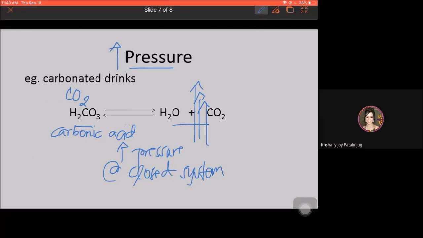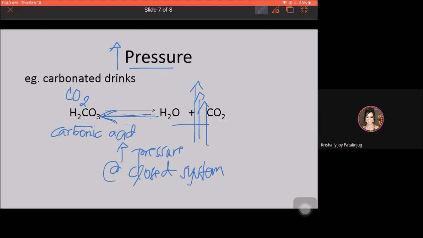Di ba? Now, para ma-relieve mo yung stress, okay, yung direction ngayon ng reaction, papuntang reactant. Okay? Papuntang reactant. So, ibabalik mo, i-close mo ulit yung bottle or yung can. Then, ang mangyayari ngayon, yung direction is going backward para ma-relieve yung stress.